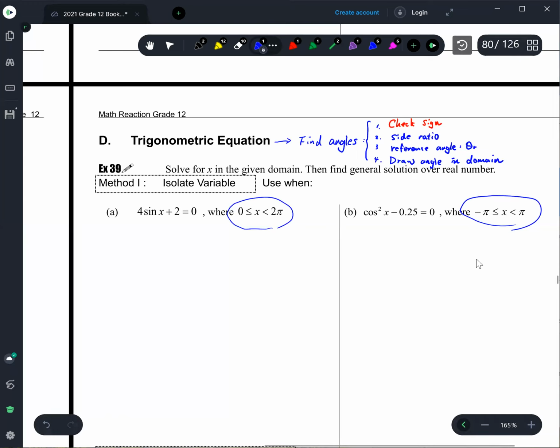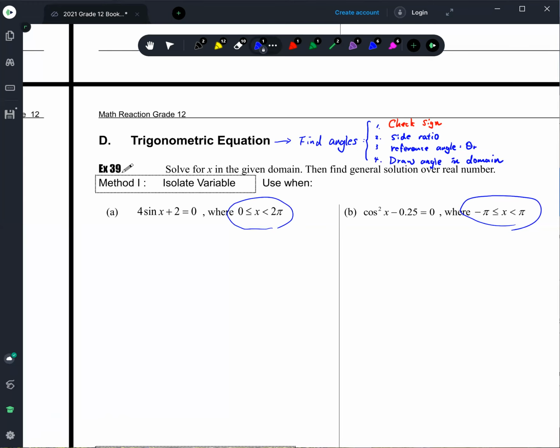Okay, so everyone please copy those 4 steps down. Looks like a lot of you forgot what those are. So we're going to review those.